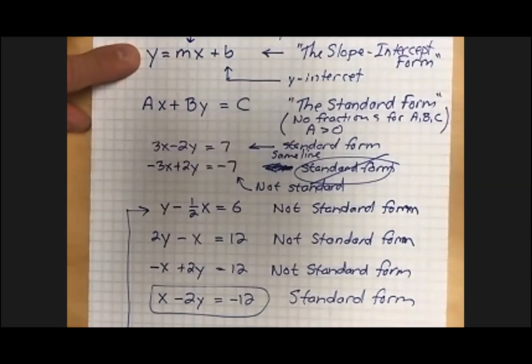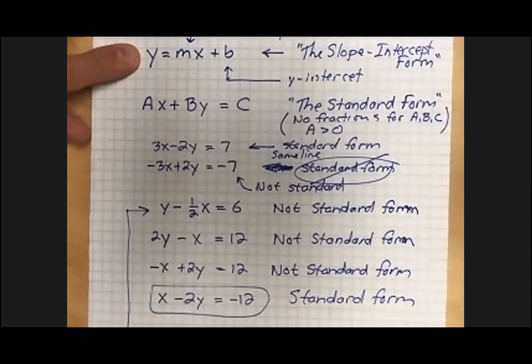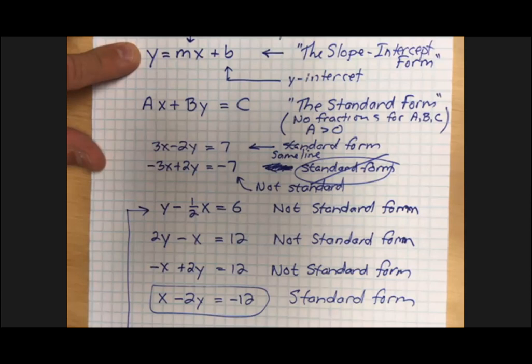But I can fix it pretty easily if I add 1/2 x to both sides. Now I have slope-intercept form. And in slope-intercept form, there's no problem with having a fraction present or even having the fraction negative. You got to have y by itself, but not negative y, just y by itself.